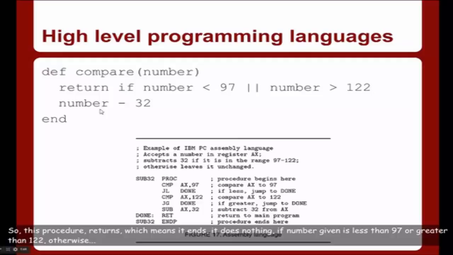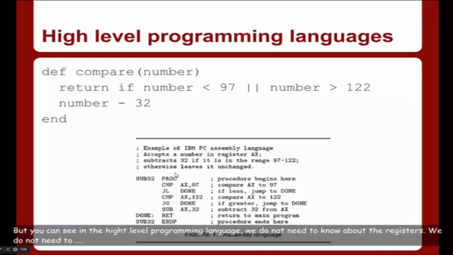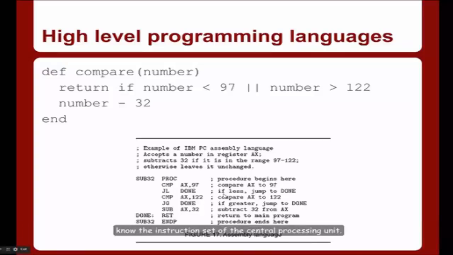Otherwise it returns the number minus 32. It's exactly the same functionality, but you can see in the high-level programming language we don't need to know about the registers, we don't need to know the instruction set of the central processing unit.